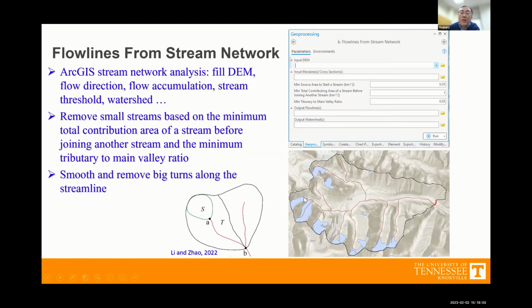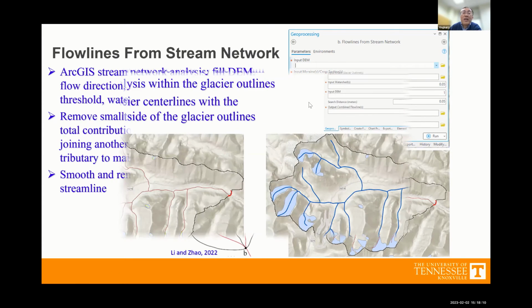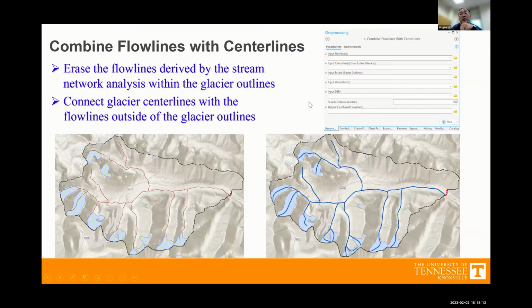For example, this one or this one, they do not follow the center of the ice. So we need to combine the flow line and the center line. The idea is we remove all the flow lines derived within the glaciers and then replace them with the center line we derived. It's more complicated, because you have to think about how to connect these two systems.